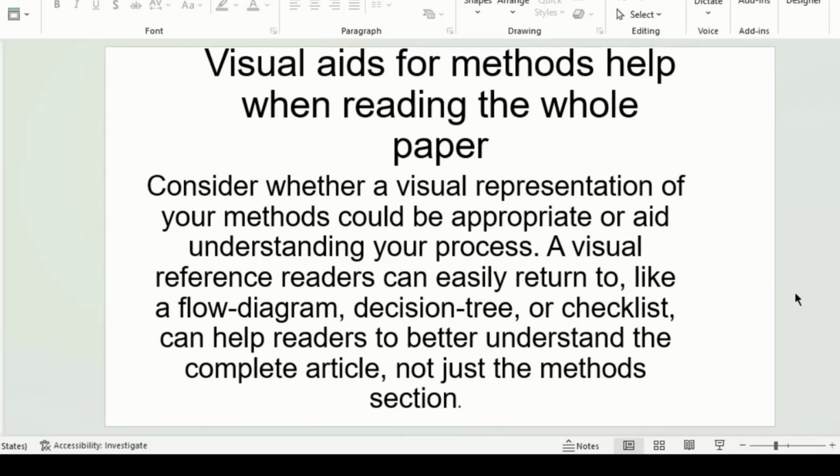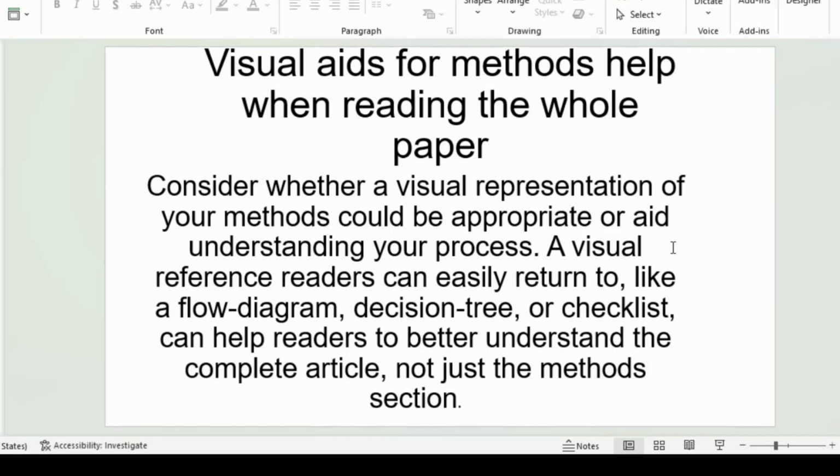So when you use visuals, you must be clear that you use them because they will be helpful. It will be an aid to the people who are reading what you are trying to tell them. But if you come with visuals that are not matching your story, then it's useless.